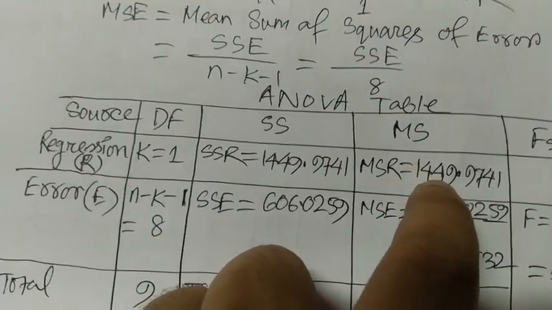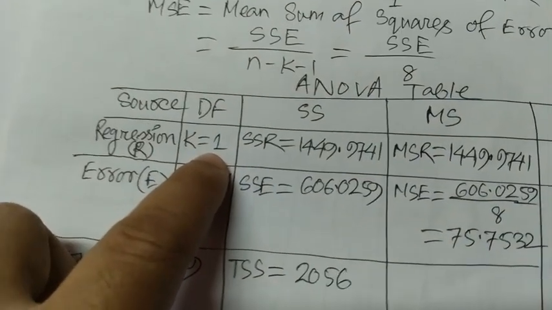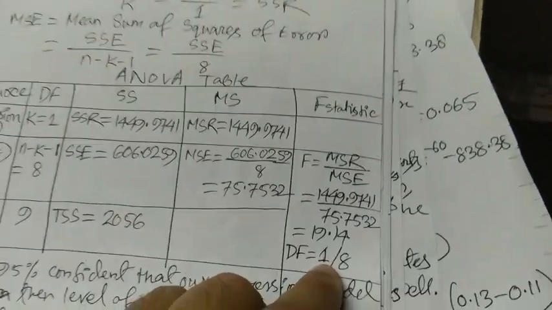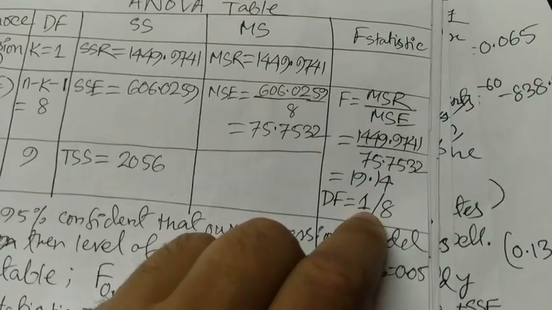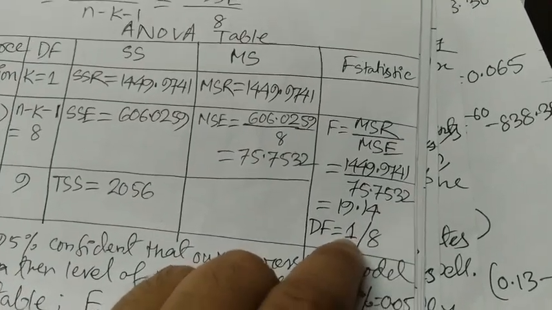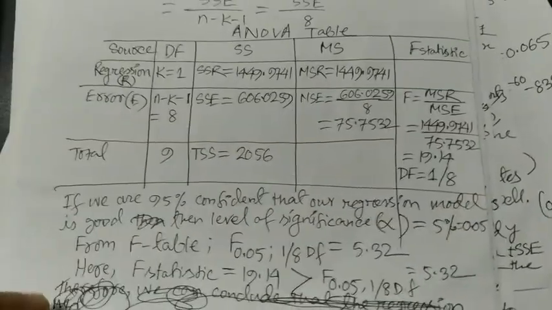So 1 is called the numerator degrees of freedom, and 8 is called the denominator degrees of freedom.